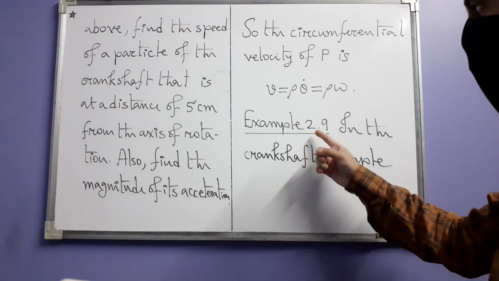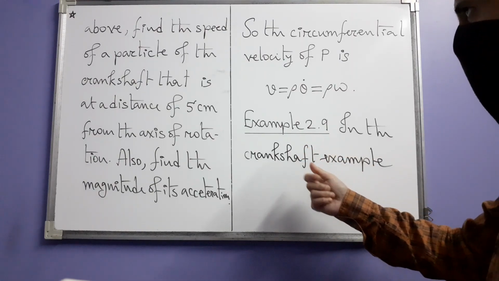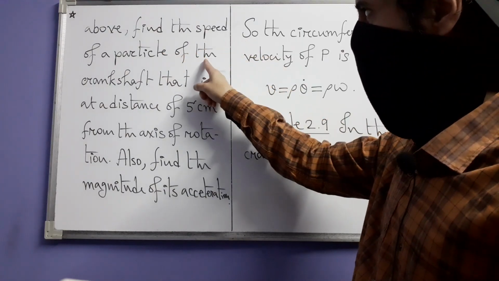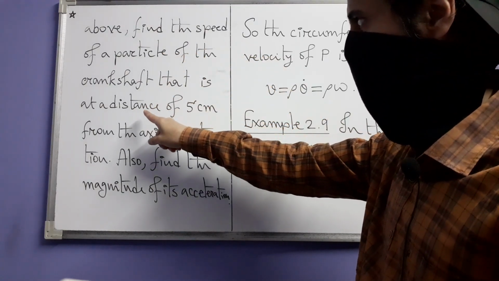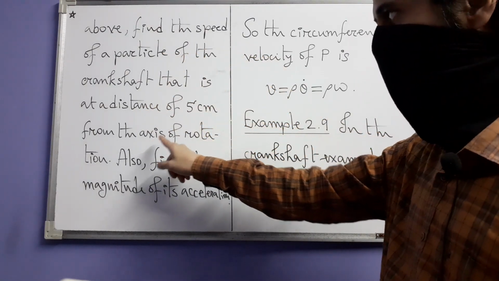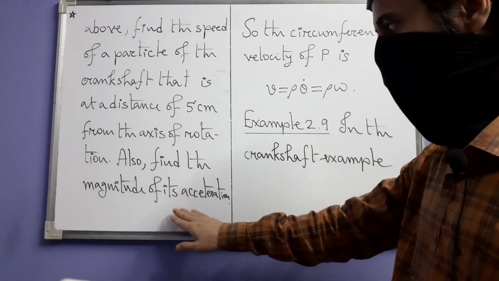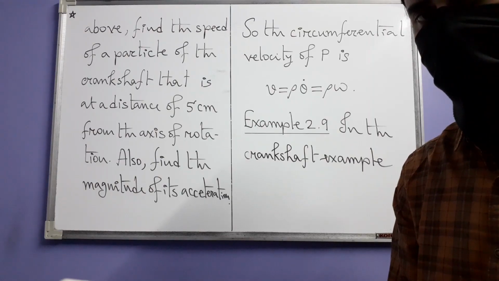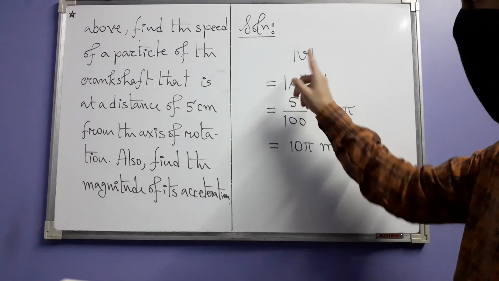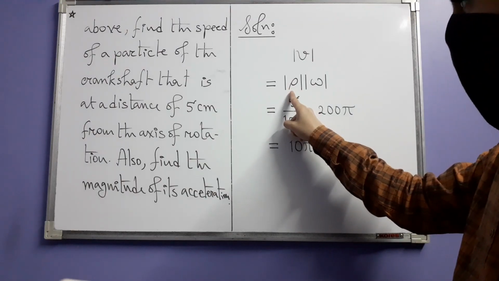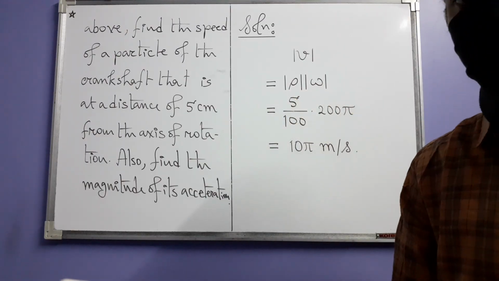Next we have example 2.9. In the crankshaft example above, that means example 2.8, find the speed of a particle of the crankshaft that is at a distance of 5 cm from the axis of rotation. And also we have to find the magnitude of its acceleration. Speed is the absolute value of velocity. That means the absolute value of rho times the absolute value of omega.